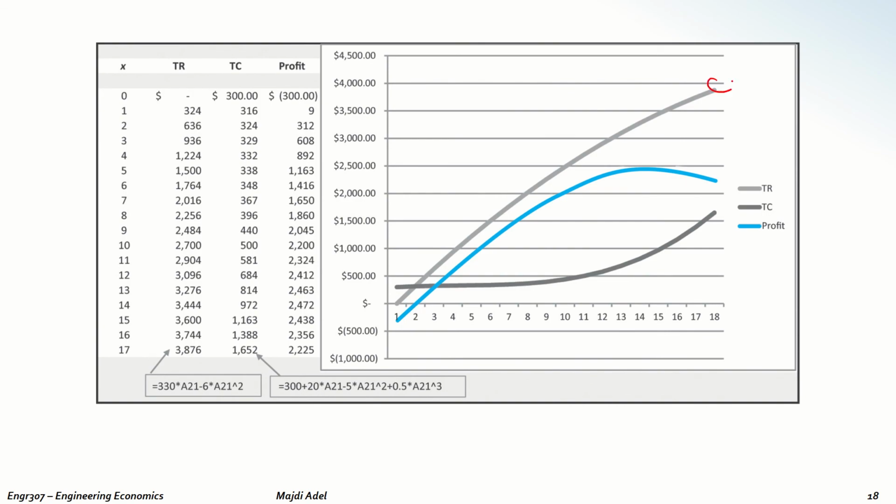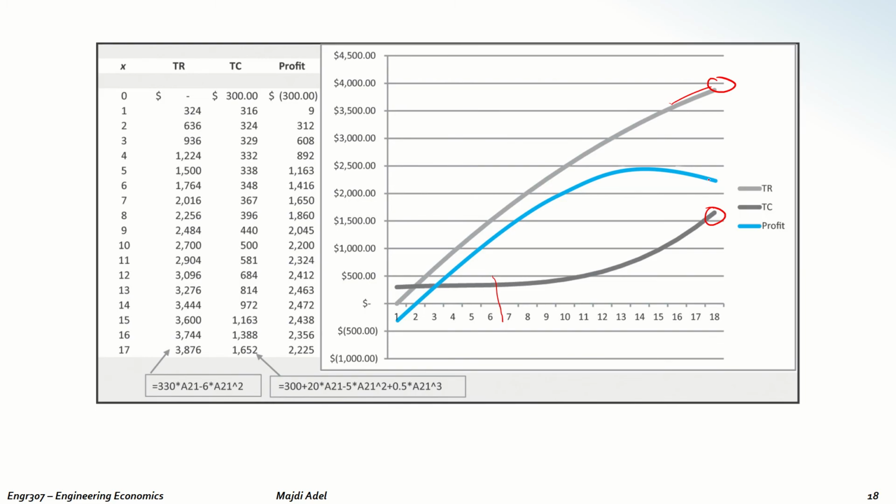This is the total revenue function as a function of volume index, and this is the total cost function. As you can see, the total revenue increases as the volume index increases. The total cost for a certain level is somehow constant, but after a certain level you notice that the total cost function increases faster as the volume index increases.